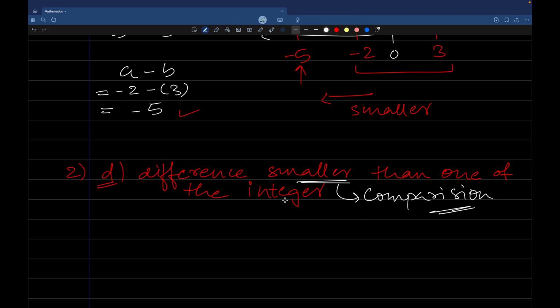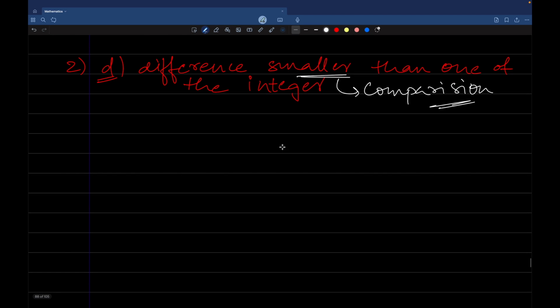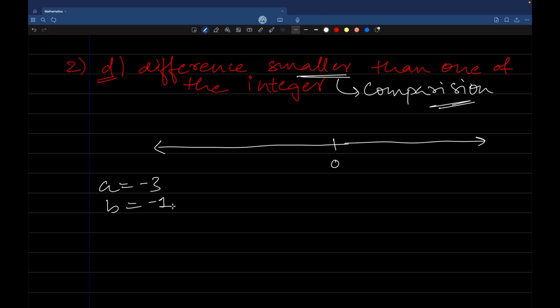So we'll draw the number line. We have 0 in the middle of the number line. Let's take a equals -3, b equals -1.